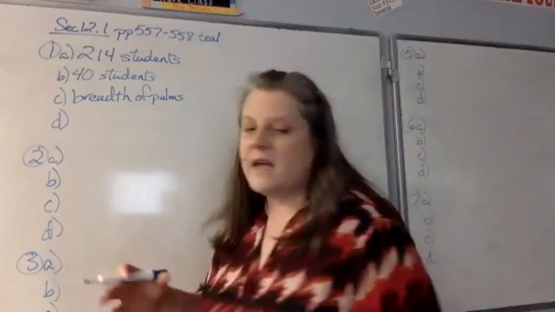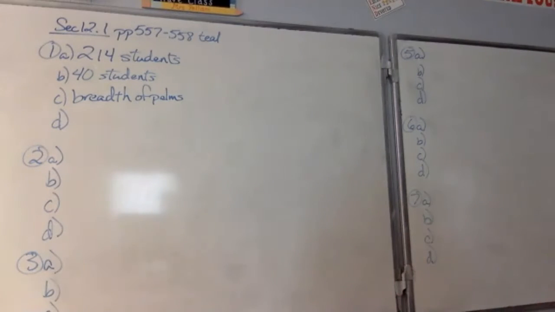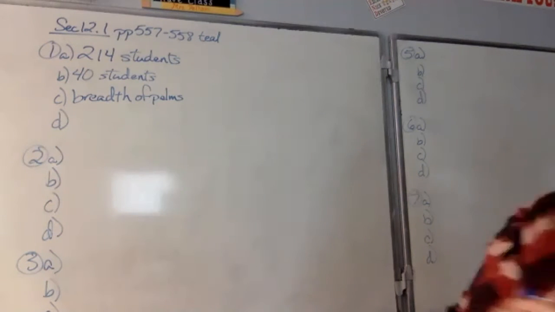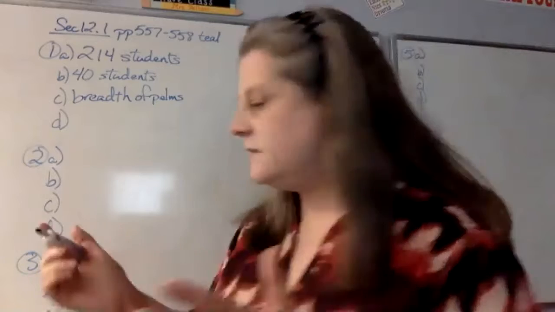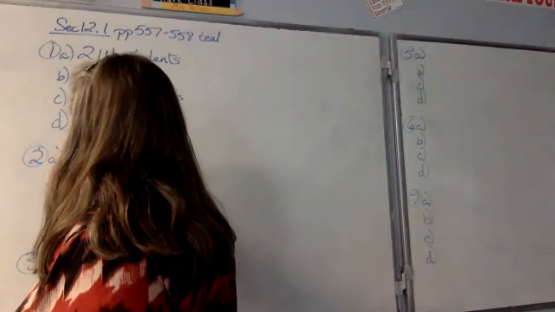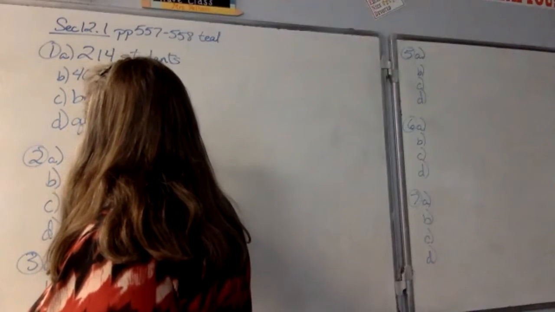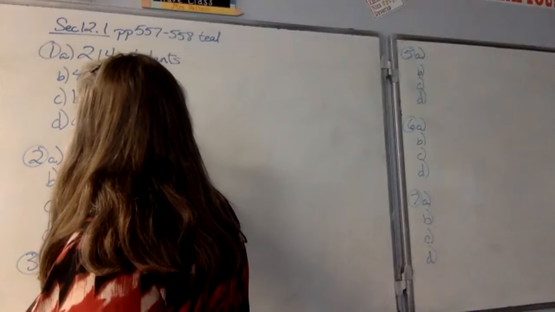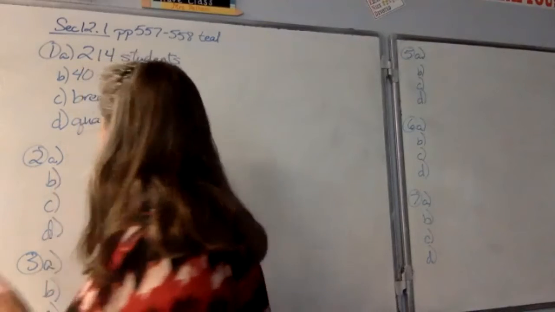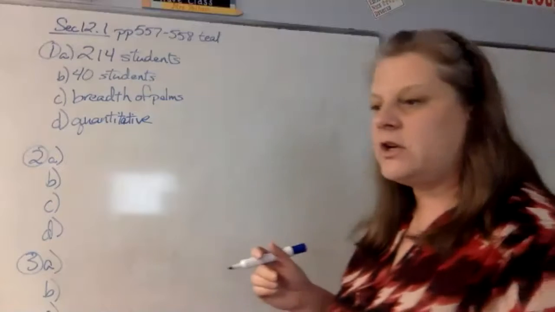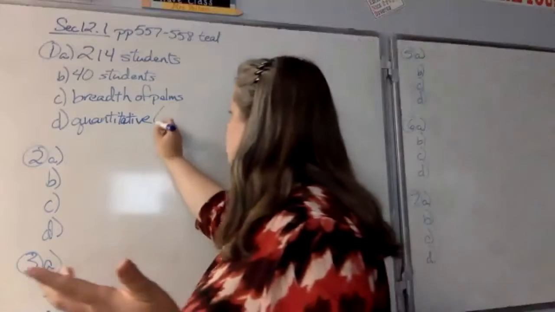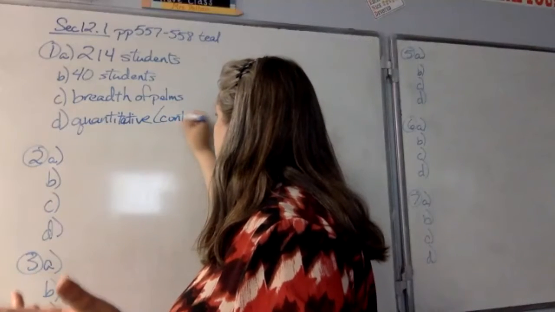So with measuring the breadth of the hands, is that going to be quantitative or qualitative? Is that going to be a number? Yes. So it's quantitative. Okay. So since it's measured, is it discrete or continuous?